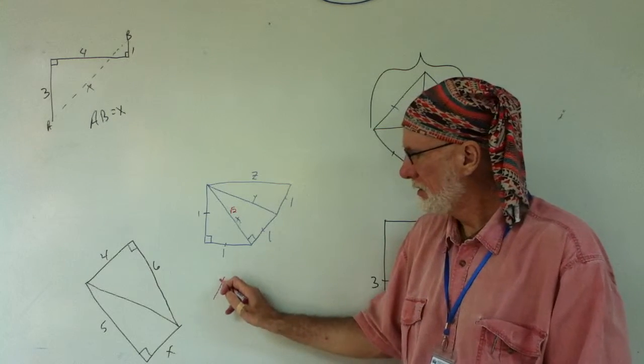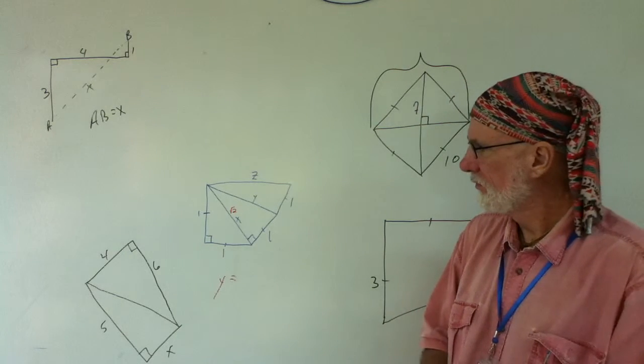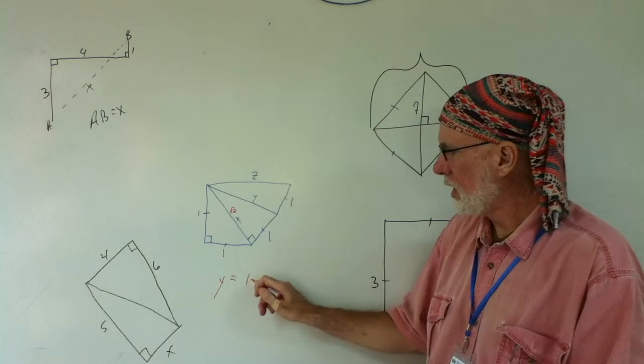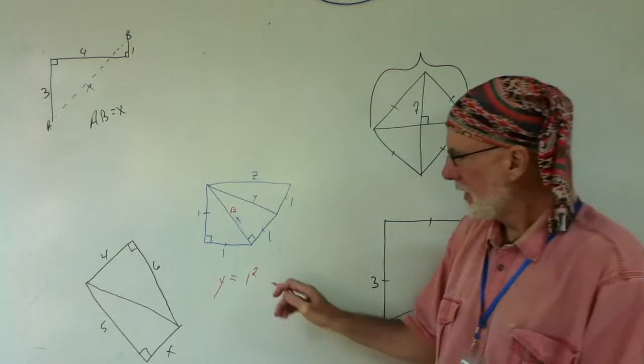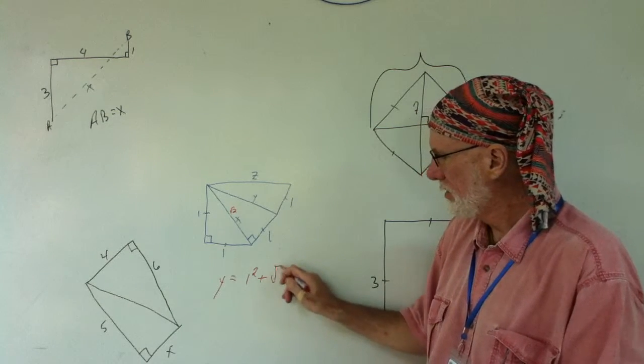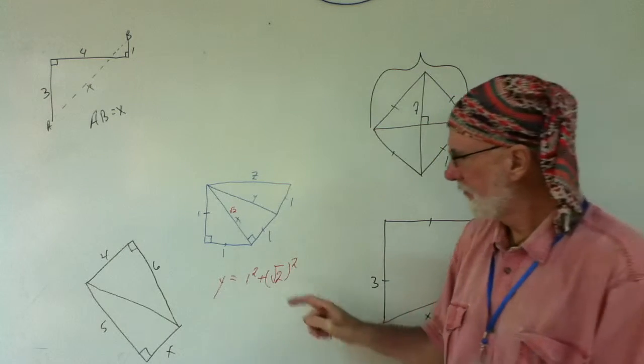Y squared equals 1 squared plus root 2 squared. And then what do I have to do then?